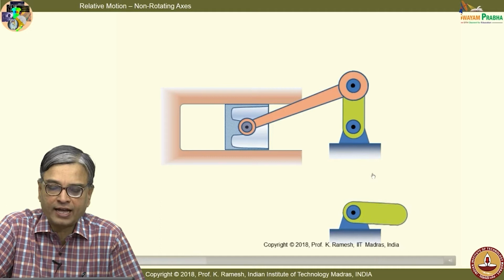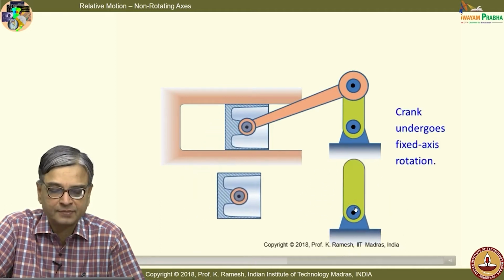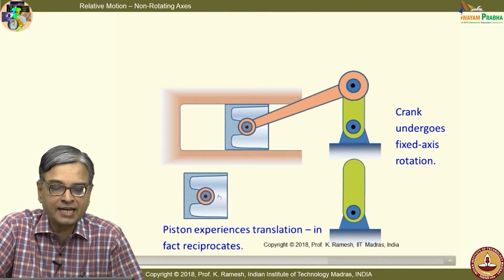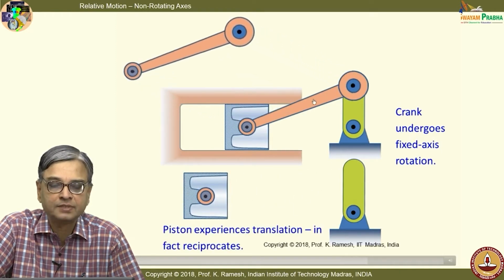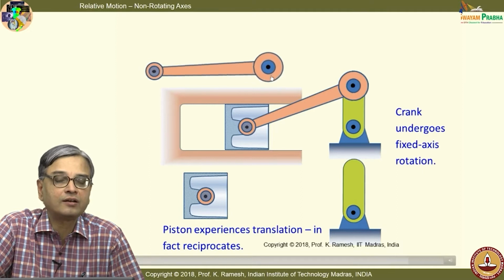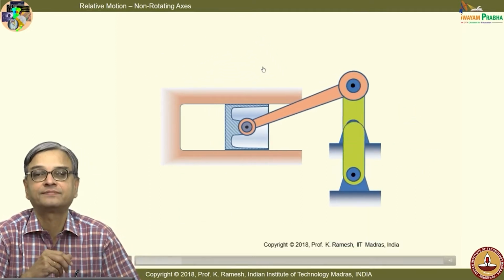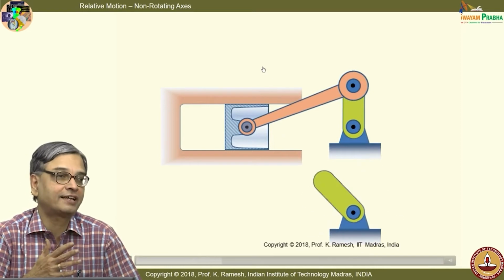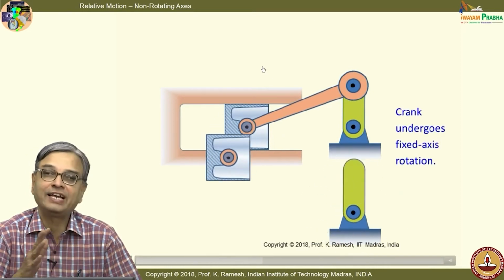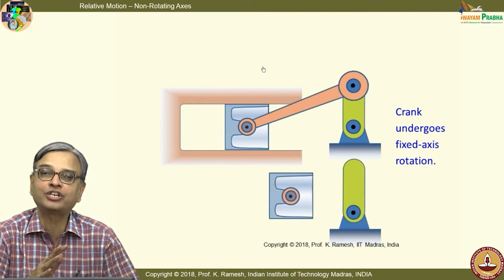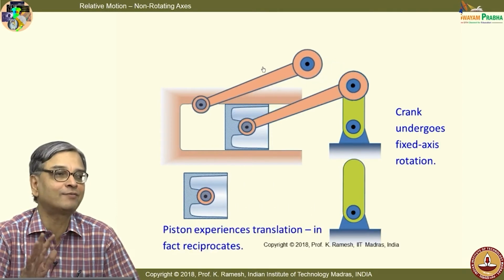The crank has a fixed axis rotation, and your piston has a reciprocating motion, and the connecting rod has a general plane motion. That is what you have to recognize. It is a very nice problem where you have the motion of all three varieties in one problem.